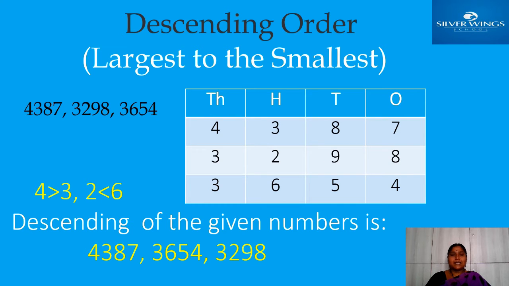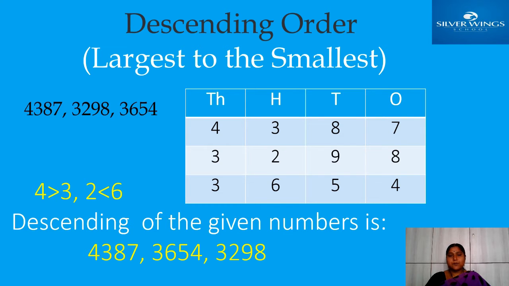Now compare the next two numbers. If you observe these two numbers, the digit in the thousands place is the same, 3 and 3. Then you should go to the second rule. What is the second rule? If the first digit from your extreme left is equal, then go to the next lower place.